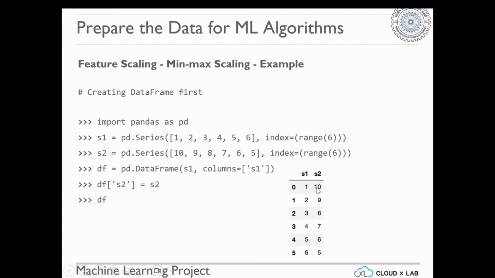S2 is another attribute: 10, 9, 8, 7, 6, 5. And we want to apply min-max scaling over attributes S1 and S2, right?